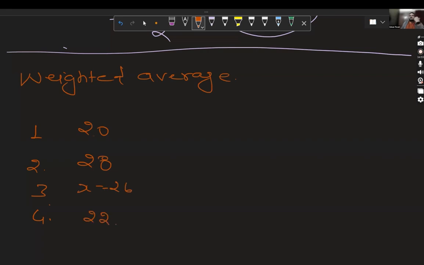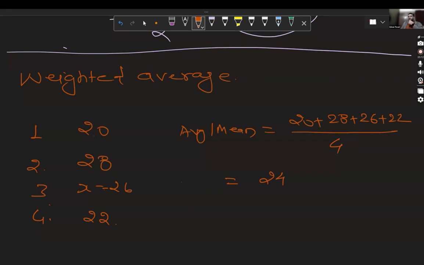And when somebody asked me, what is the average or mean age? What did I do? I did 20 plus 28 plus 26 plus 22 divided by 4, which is coming as 24. That is how we calculated the mean.